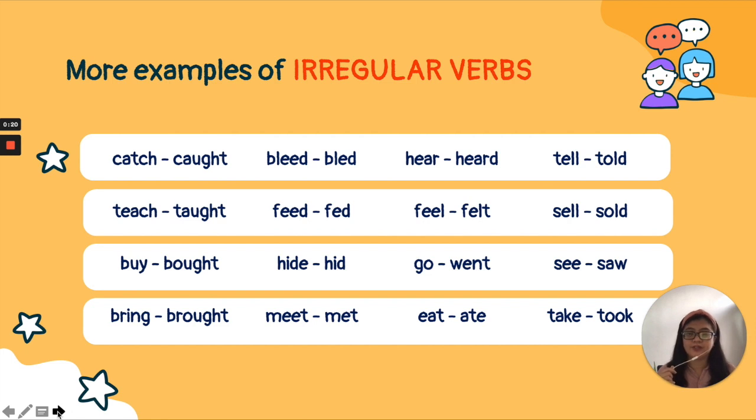We also have teach, taught, feed, fed, feel, felt, sell, sold, buy, bought, hide, hid, go, went, see, saw, bring, brought, meet, met, eat, ate, take, took. The verbs on the right side, like the words caught, taught, bought, brought, these are all the irregular past tense form of the verbs, okay?